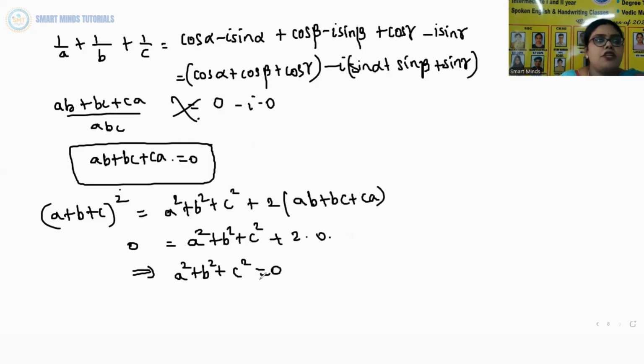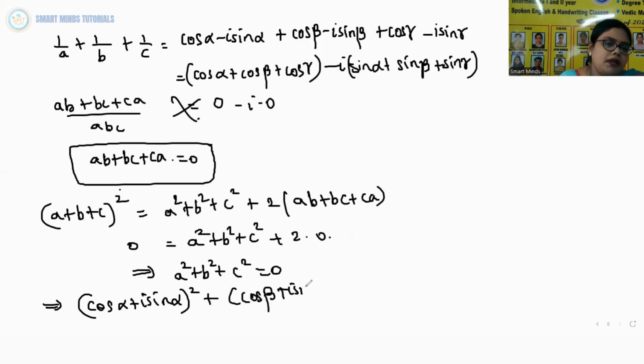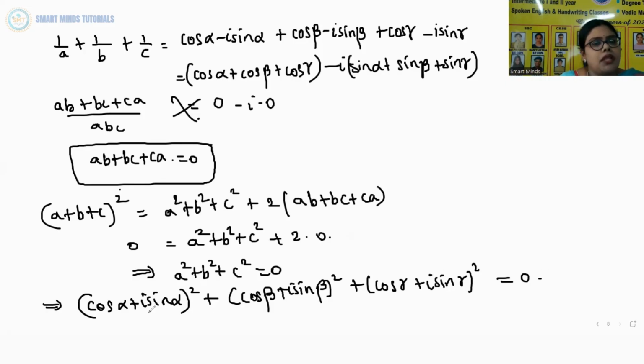Now I will substitute the values of A, B, C. What is A, B, C? We have taken cos alpha plus i sin alpha whole square plus cos beta plus i sin beta whole square plus cos gamma plus i sin gamma whole square is equal to 0. Now we apply DeMoivre's theorem.